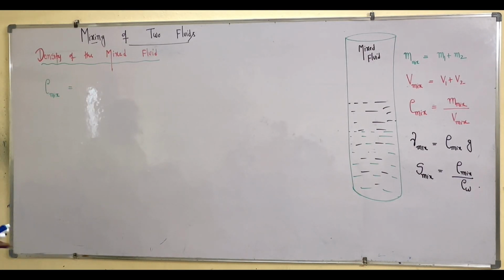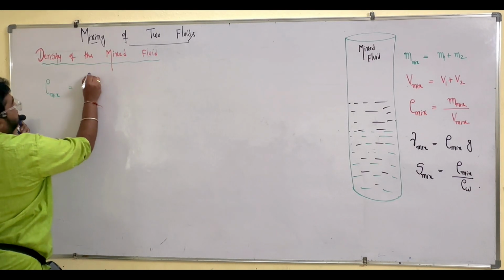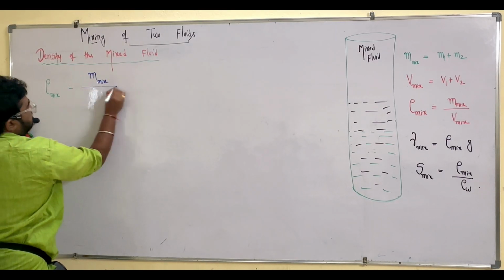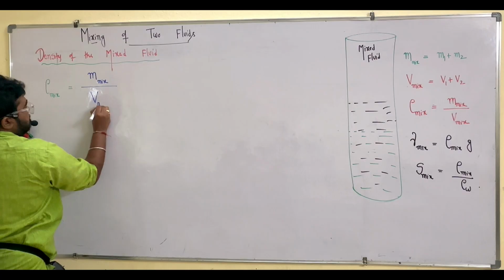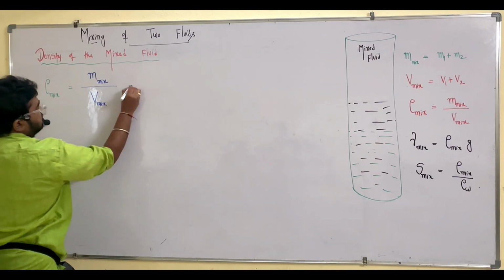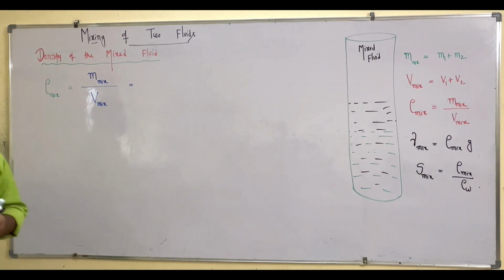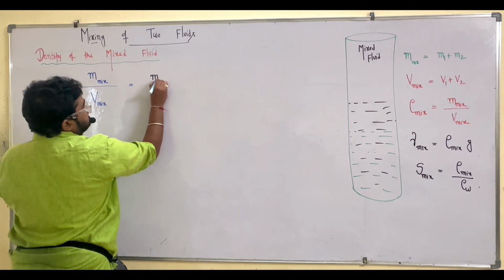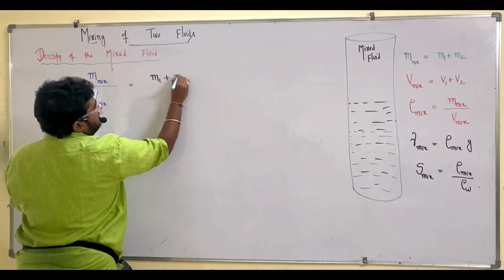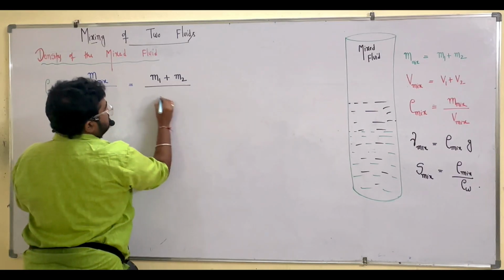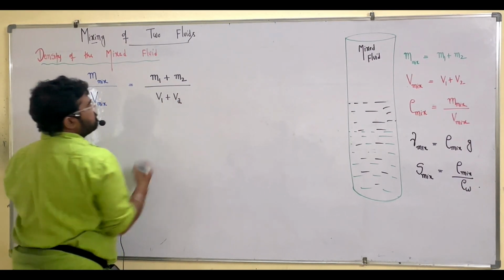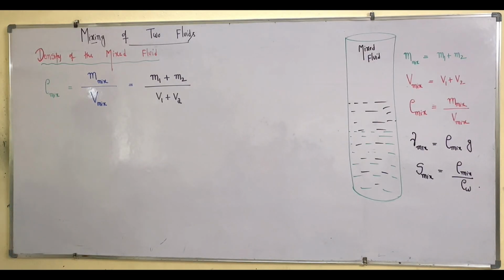M mix by V mix. In place of M mix, can we write M1 plus M2? In place of V mix, can we write V1 plus V2?